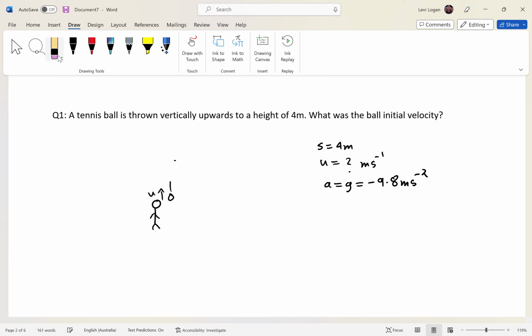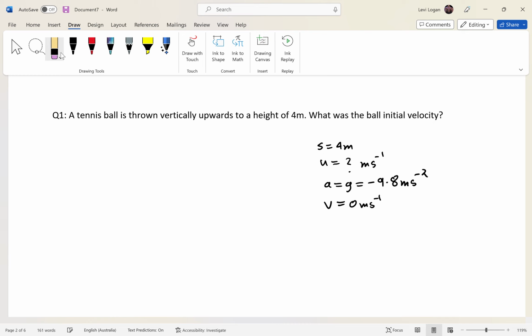When the ball is traveling up here, it needs to come to rest for a brief moment before it falls back down, because as it's going up, the force of gravity, Fg, is constantly pulling down on the ball until up here it comes to a complete rest. So at this point, the final velocity is 0 meters per second.